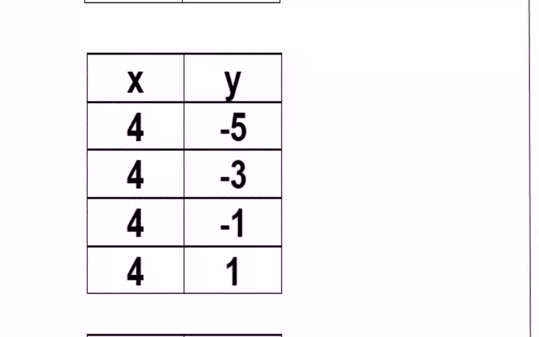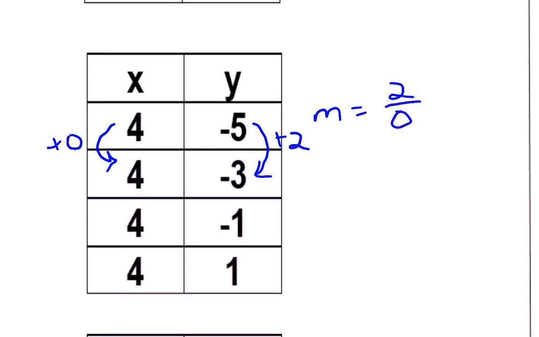The next one, we have a special situation. What's something you notice about your x values? They're all the same, right? So this, we're only going up by 0, nothing. And on the right side, we're going up by 2 again. Slope is change in y over change in x. One thing you can do to remember how to simplify when you have a 0 is "no" and "okay."